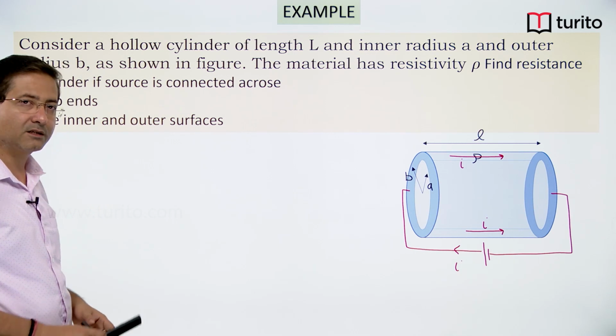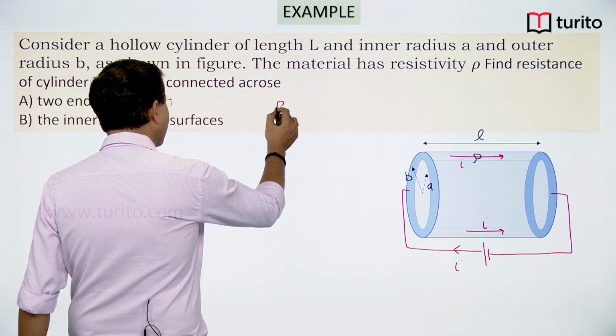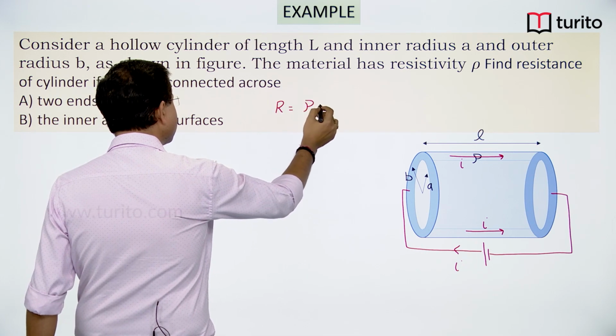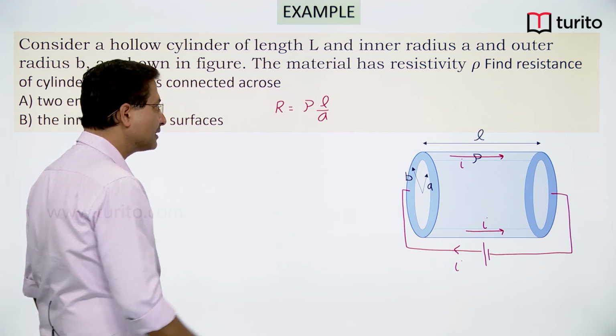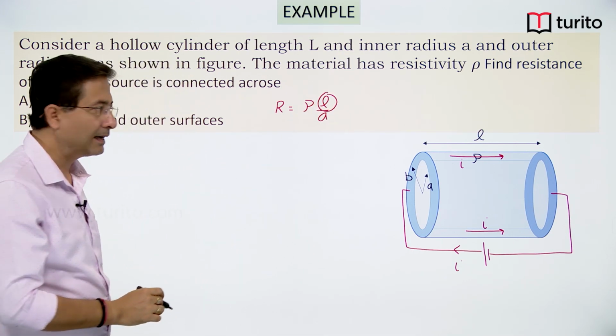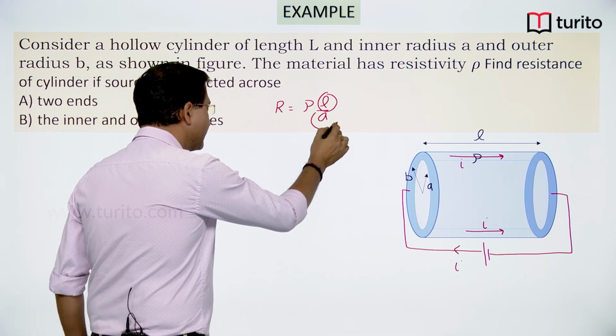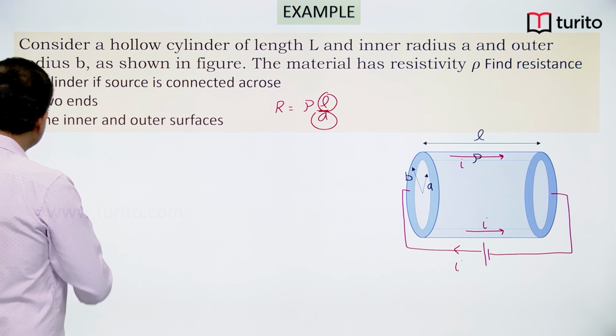What would be the resistance? So formula is R is equal to rho L upon A, right, where L is the length along the flow of current and A is the area of cross section perpendicular to the flow.